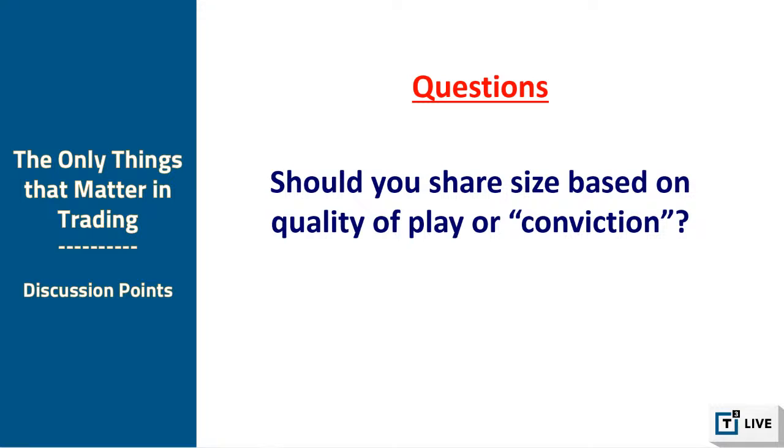I felt this was it. I gotta get in, and I want to have really big size. I don't want to be risking $1,000 or $2,000 on something that could be a long-term play. But I knew if I just oversized it by a crazy amount, I would have a hard time managing it. So you know what I did?